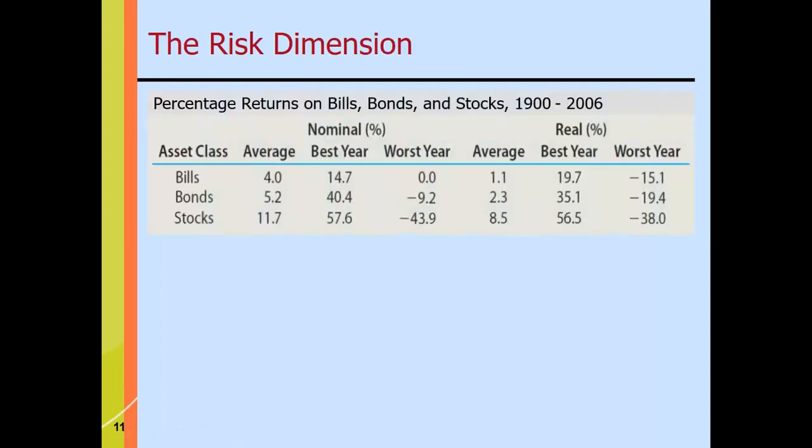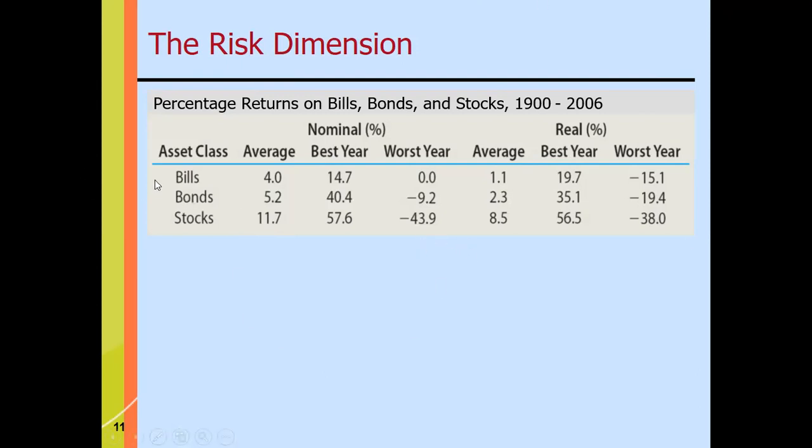Next, risk dimension. In terms of looking into the three major asset classes or investment classes, bills, bonds, and stocks respectively, and then looking into the nominal and real rates of returns, the averages, best years, and worst years, we can notice again that stocks have the highest average values, and the best years would be the highest, but the worst years would be the lowest.